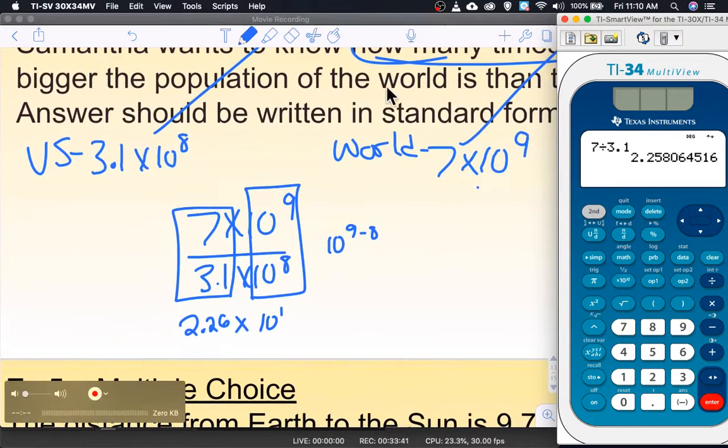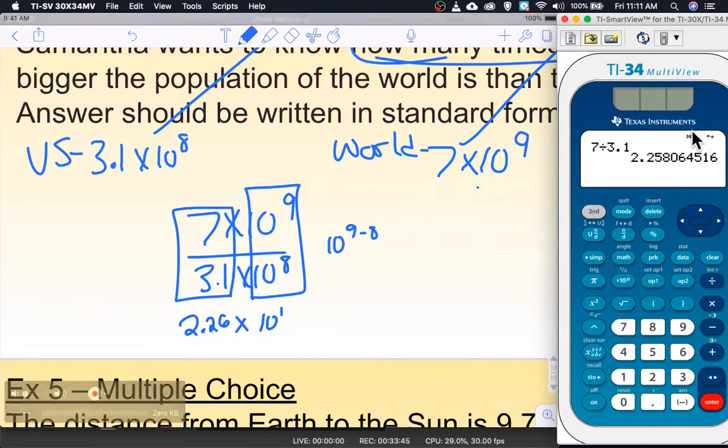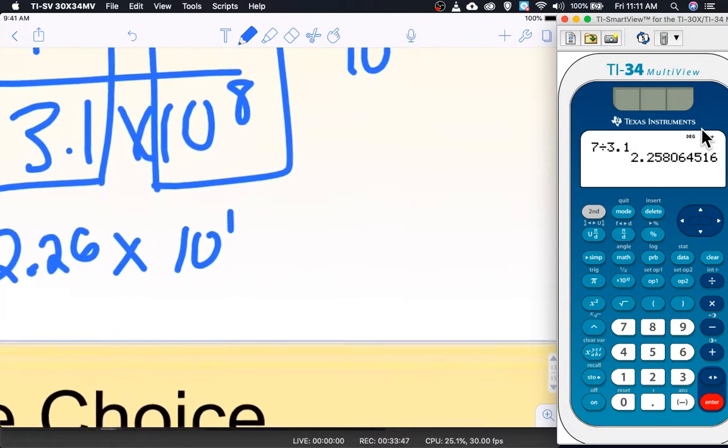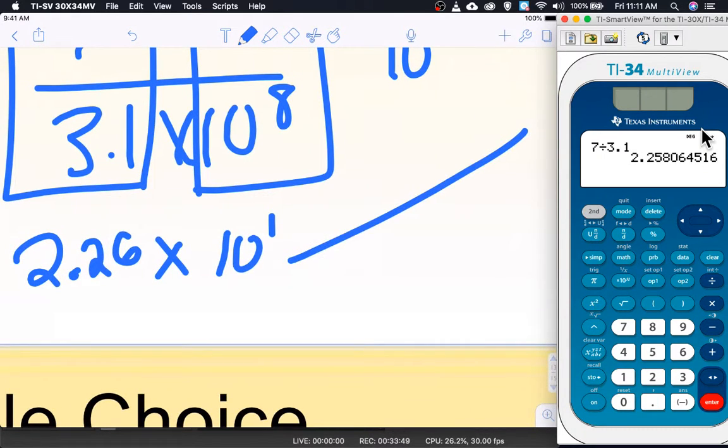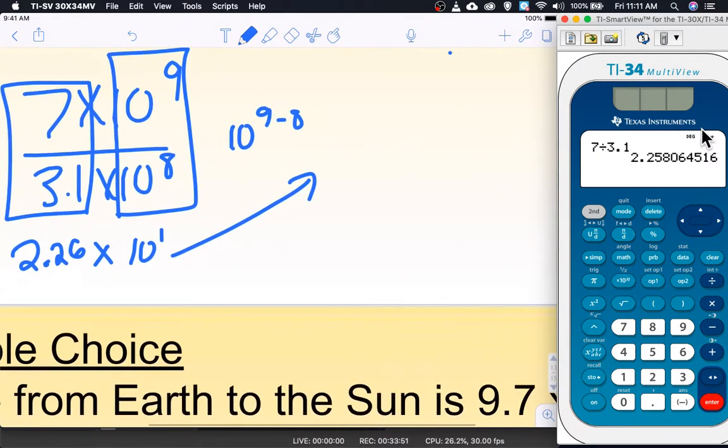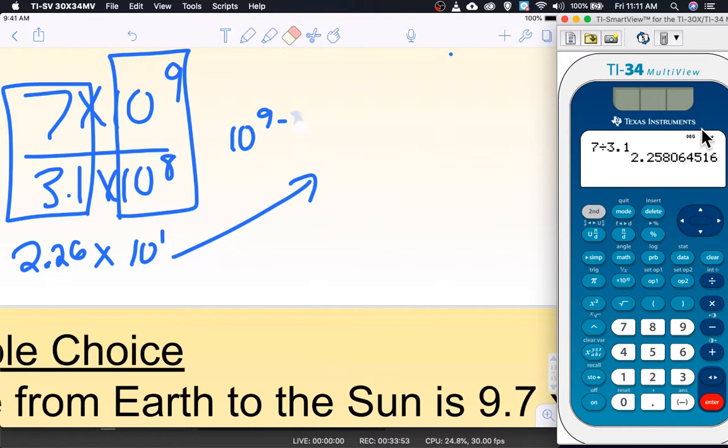Okay, I need my answer in standard form. I wasn't sure, so I went back and double checked. If I'm going to write my answer in standard form, I'll do it over here, I'll have more space. I need to write this without a power of 10. I need it to be a times by 10 to the power of 0.